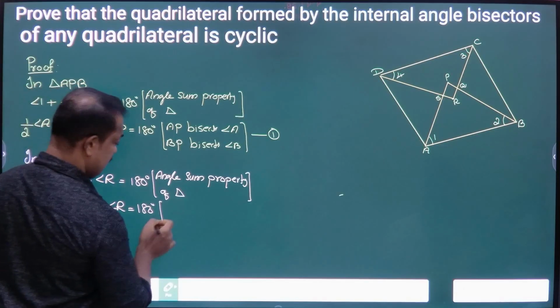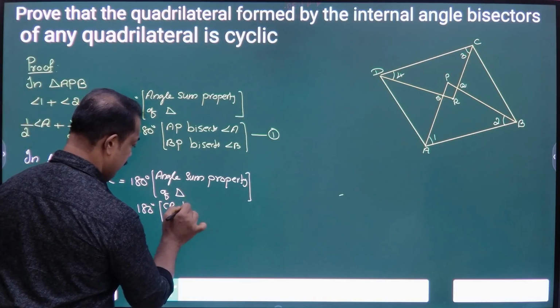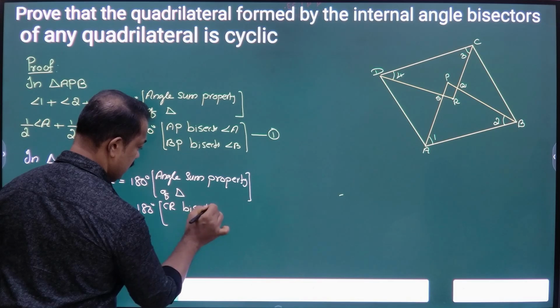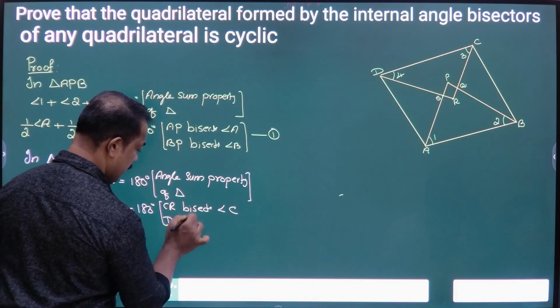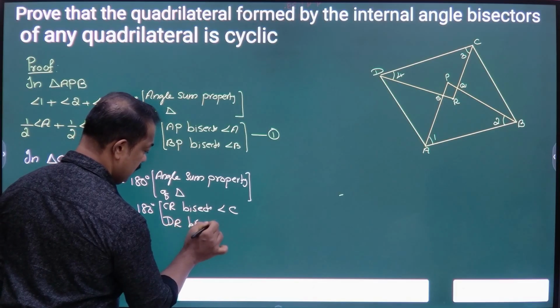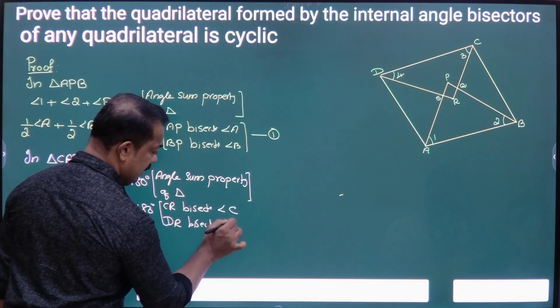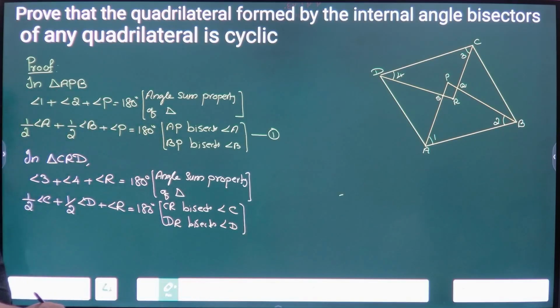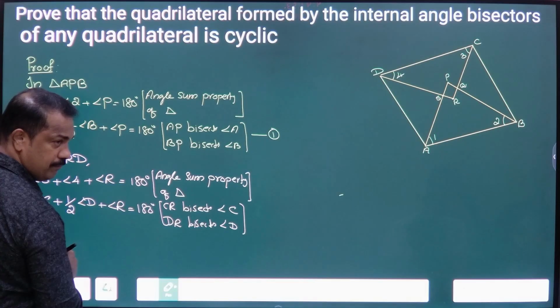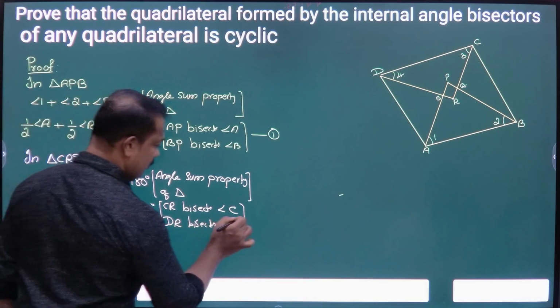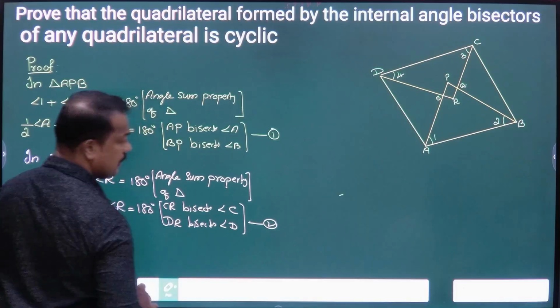Reason: CR bisects angle C, DR bisects angle D. Steps clear? Up to this, any doubt? Okay. This is equation 2.